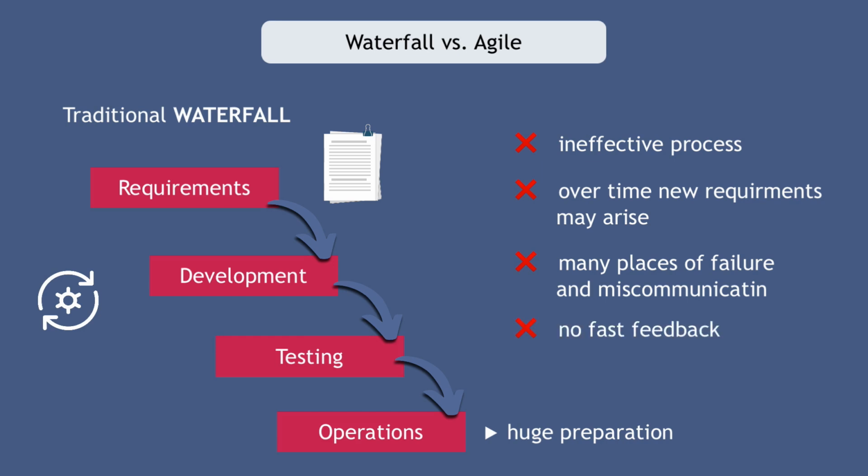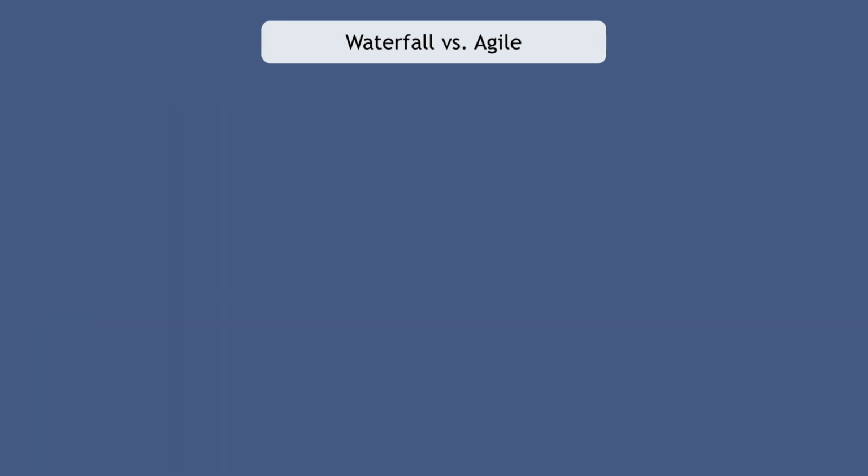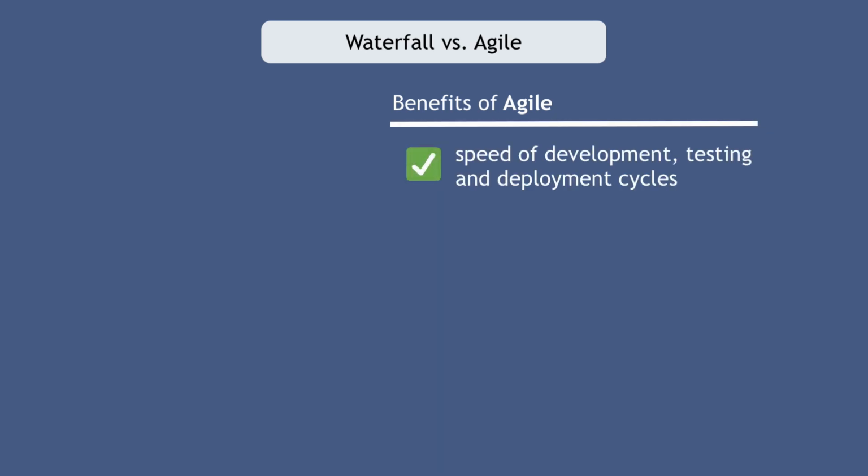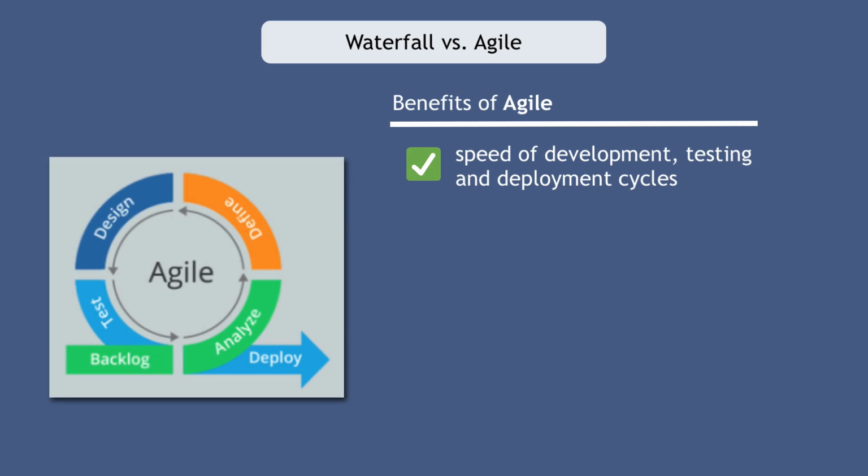So as an alternative to the waterfall method, a very extreme methodology was developed, which you probably heard of, which is called agile methodology for software development, which is actually pretty popular and is becoming increasingly popular across organizations and companies. And the main benefit or the thing that it solves is the speed of development, testing, and deploying cycles.